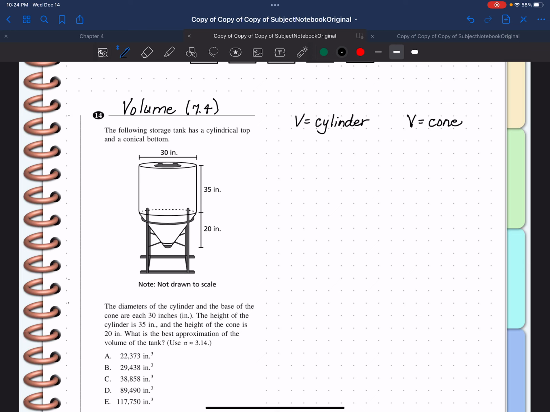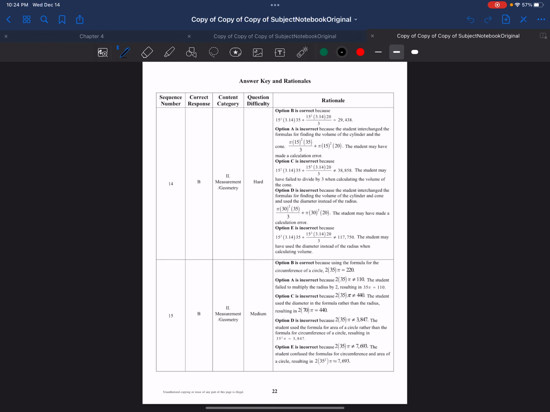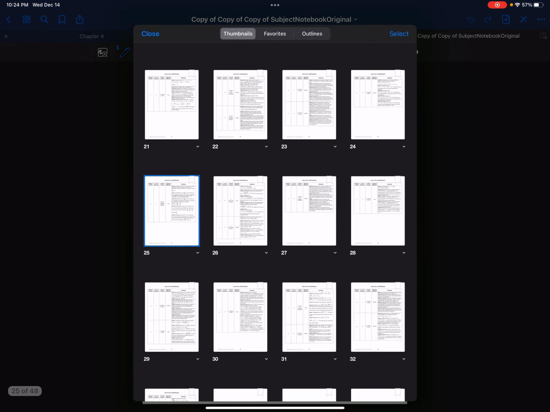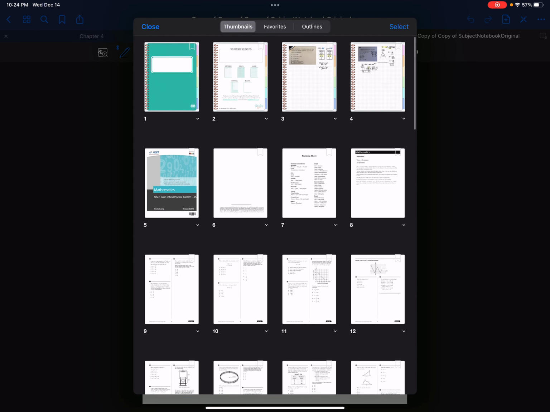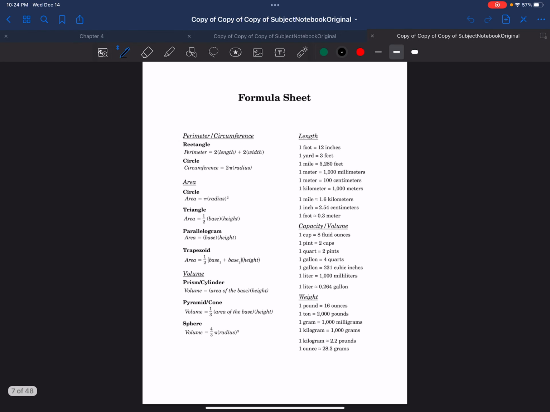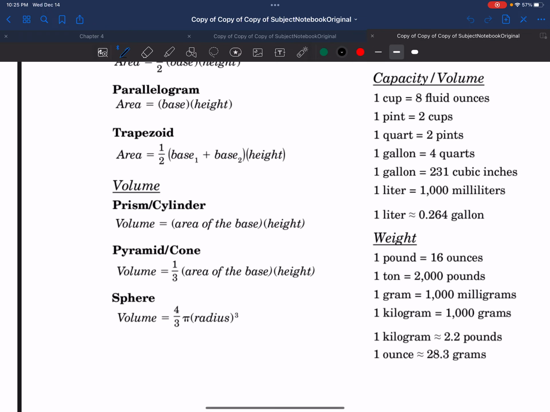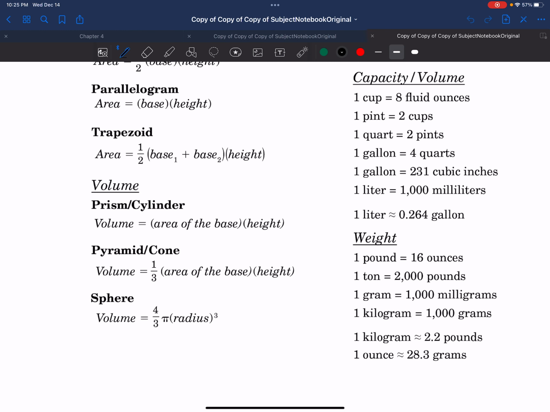So for a cylinder, volume is going to be, let me look, I use pi r squared h, but let's take a look at the formula that the HiSET exam will use. And this is going to be back on the test itself. Let me find the formula sheet. Here we go. So the volume of a cylinder, I thought I would need to look at this, is the area of the base times the height.